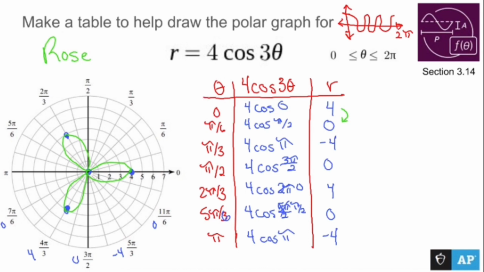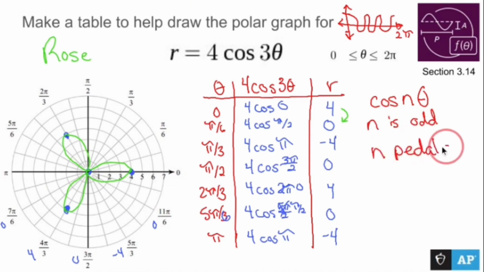Now, fun fact, whenever you have cos 3 theta, or sine 3 theta for that matter, if you have sine or cosine of 3 theta or 5 theta or whatever, if n is odd, you get a rose with n petals. So if you see a problem like this on a test, and it's for cos 5 theta, you can expect a rose with 5 petals.